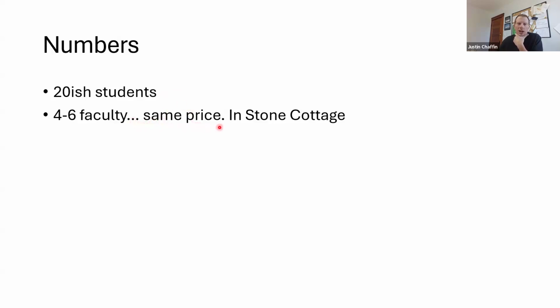The faculty would stay in our Stone Cottage facility, which has single beds and single bath. Whereas our dorms can hold up to 4 people, but it's a dorm, and our dorms are not air conditioned, but our college students live in it.